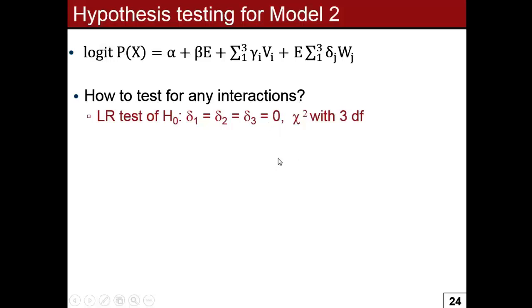The full model is this, and the reduced model considers dropping the interaction term, the effect modifier terms, more precisely. And so a likelihood ratio test testing delta 1, 2, and 3 equals 0 with chi-square with 3 degrees of freedom for chi-square distribution for that.